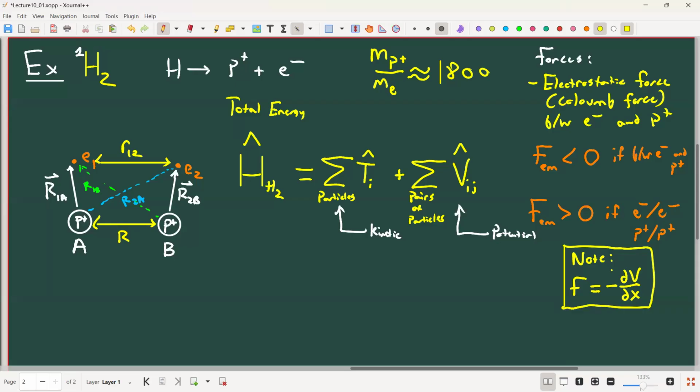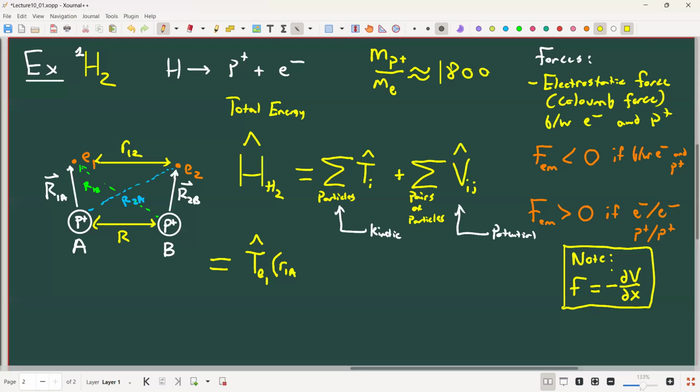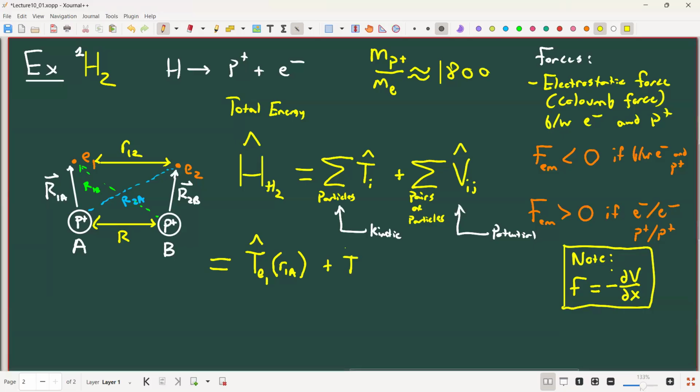So we're summing over the kinetic and the potential, and all I have to do is look and say, okay, I've got all these interactions, they all have coordinates. So I can just write down little terms that represent each one. I have the kinetic energy of E1. That's a function of the position of it relative to A, so that's a function of R1A. I have the kinetic energy of E2.